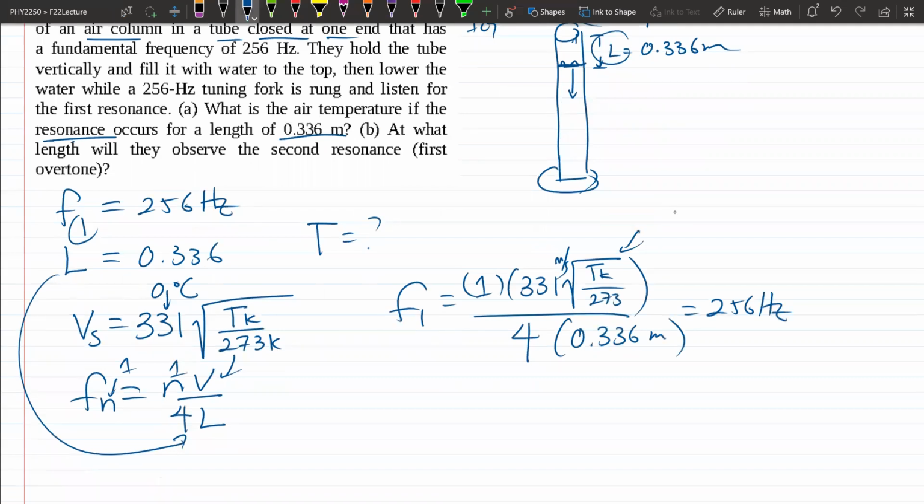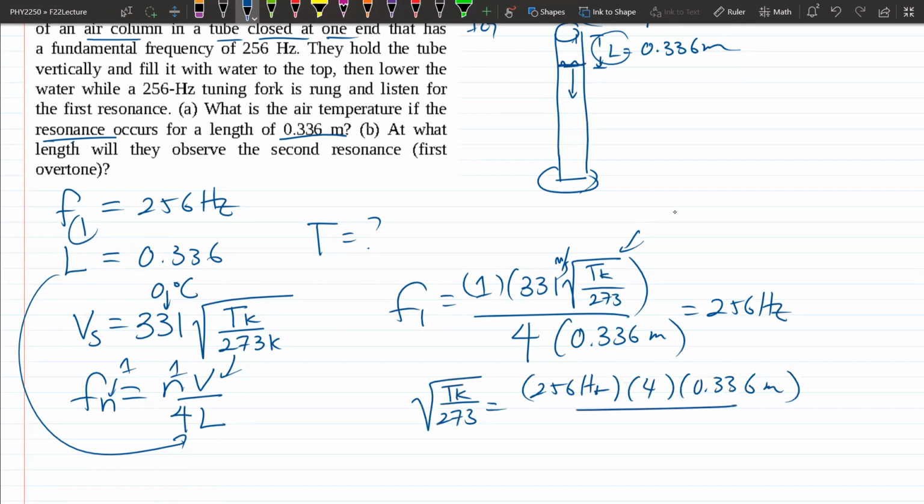So we need to actually solve this equation for TK. I'm going to do it in 2 steps, because there are too many algebra steps. I'm going to multiply this side by 256 times 4 times 0.336 m, and then divide by 331.